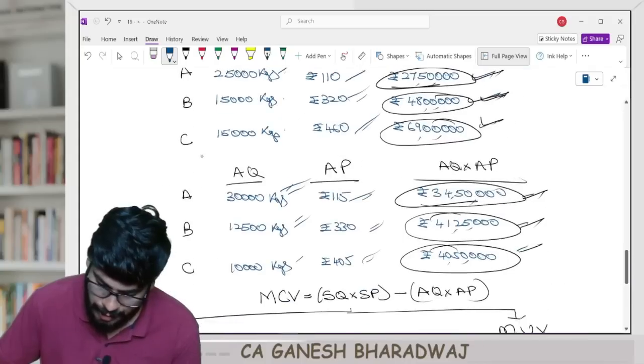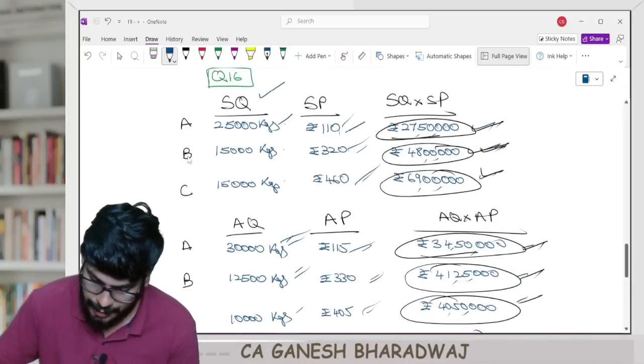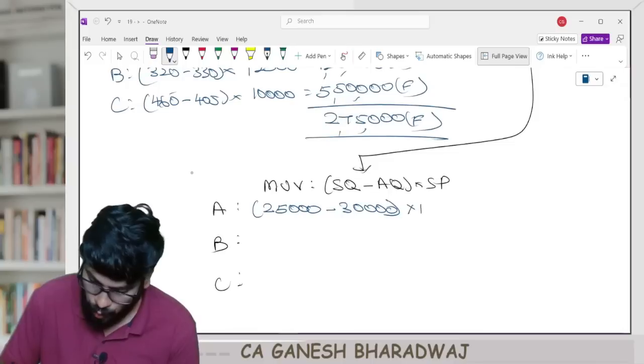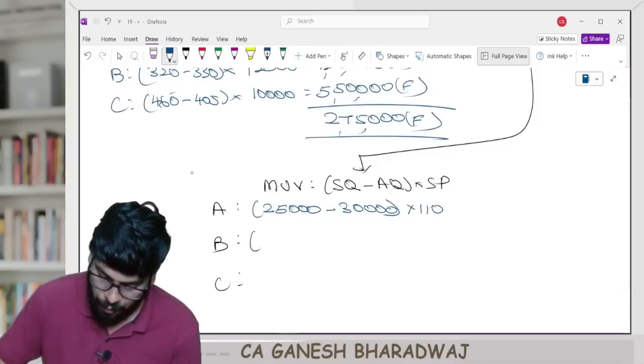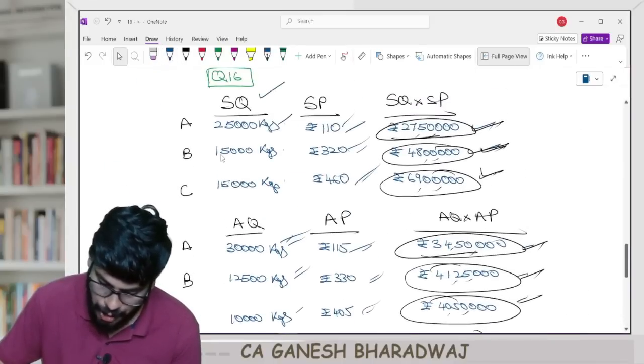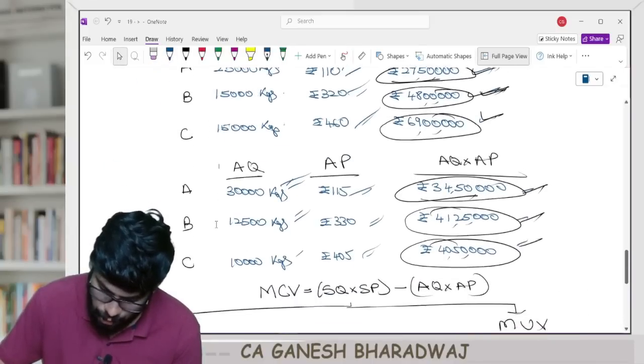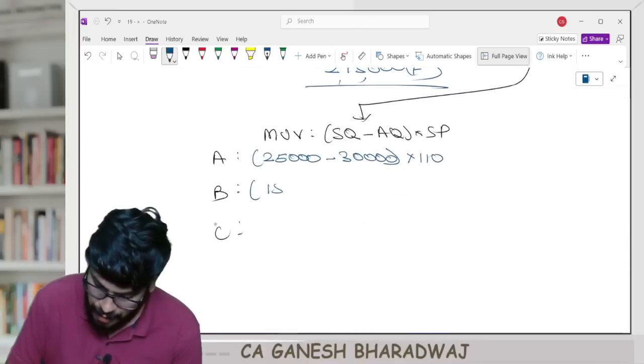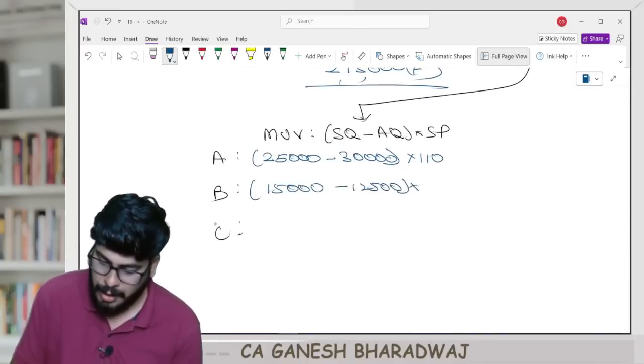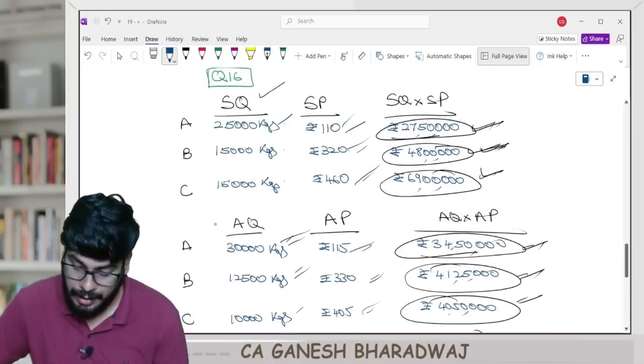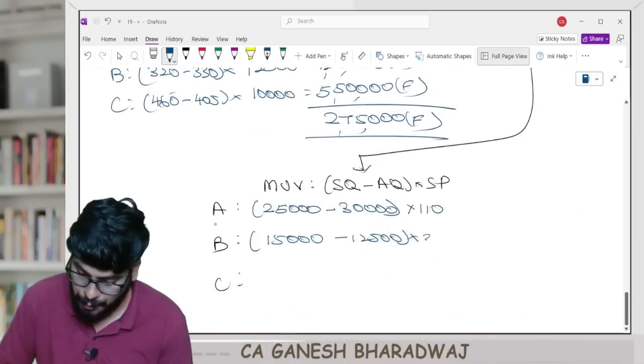Standard price comes out to 110 rupees, right? So into 110. Similarly, for material B, it's going to be 15,000 minus 12,500 into the standard price, which is 320 rupees, right?